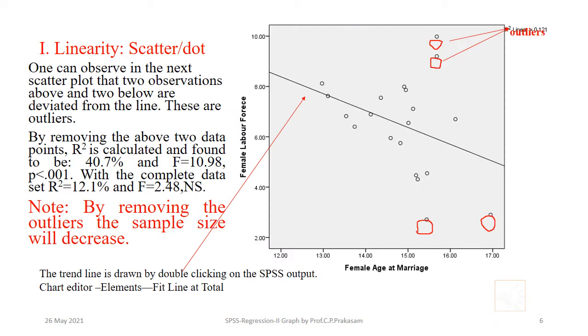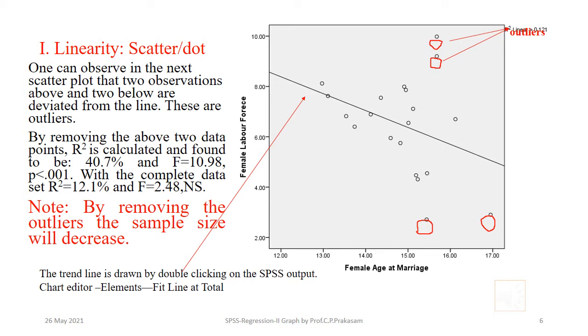This is the SPSS output for the scatter dot plot. One can observe from the figure that there are two observations which are away from the normal line, and two observations below which are deviated. These are called outliers.